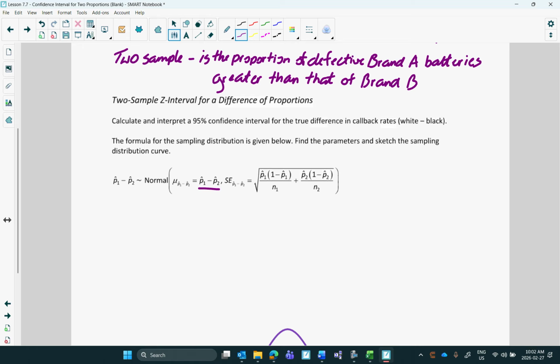And the standard error, I'm going to do the sample proportion times 1 minus the sample proportion over the sample size of that group, plus the other group, and then take the square root, not minus, plus. Because remember, when we're talking about standard error or standard deviation, we're talking about total spread. So even though we're doing a difference, we add the spreads.